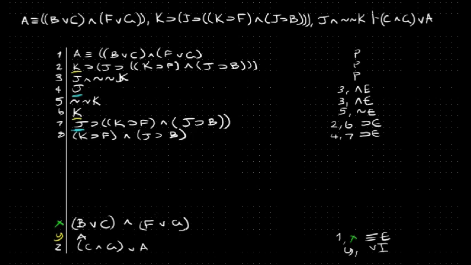Okay, where is this going to have come from? Well, again, it looks like it's a conjunction introduction of B or C and F or G. So if we say that on lines V and W here, we're going to need B or C and F or G. Now we can think about where these came from, and here again it's going to be useful to look up here at the stuff that we've worked out from our premises.